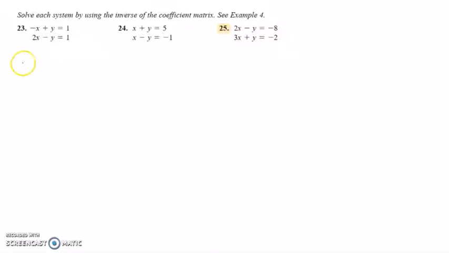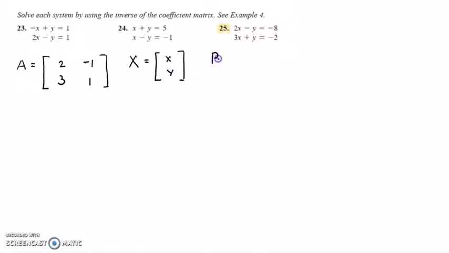So to begin with, I'm going to define that coefficient matrix using the coefficients of x and y. I'm defining the variable matrix with x and y. And then I'll define matrix B with the constants.